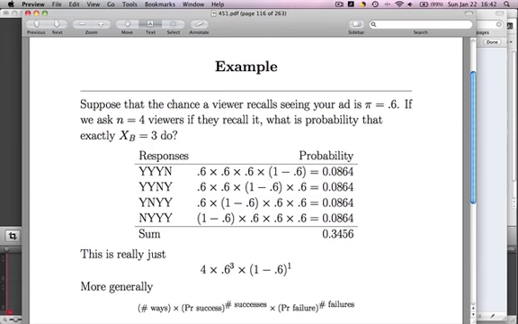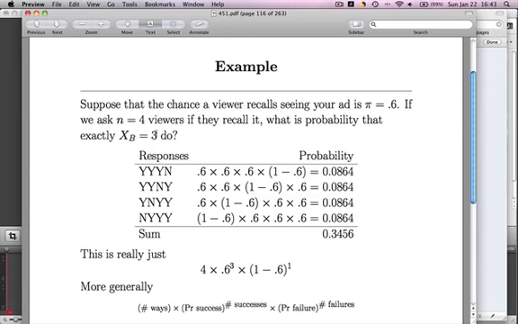Now let's say we call up a random sample of 4 people who watched the television show on which this ad was aired, and we ask them, do you recall seeing it, yes or no? Question: what's the probability that exactly 3 of the 4 people we call recall seeing the ad, indicating yes, they saw it?